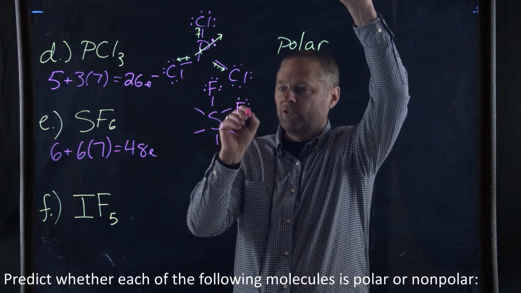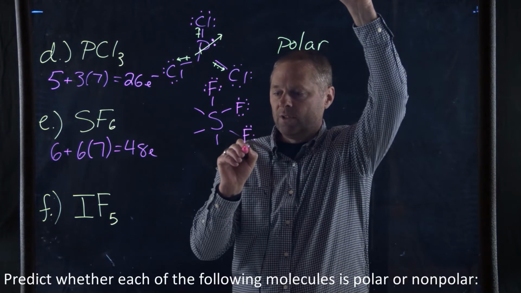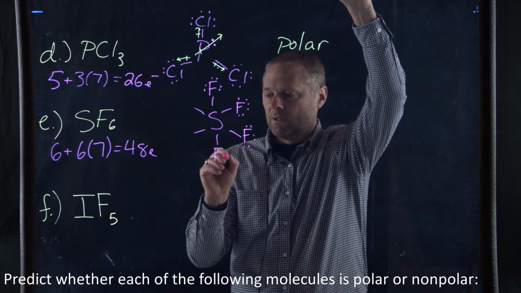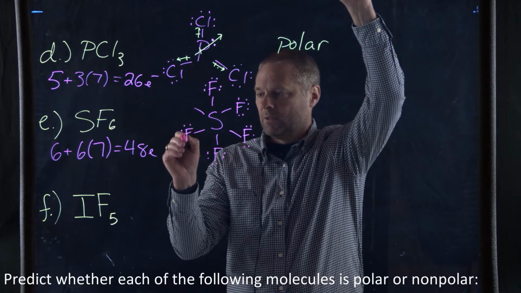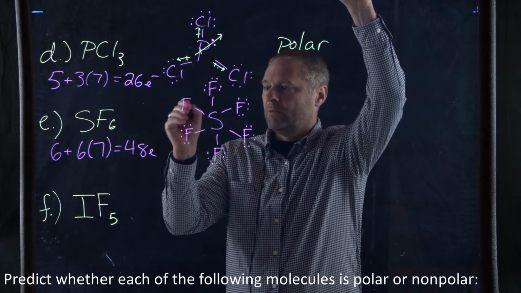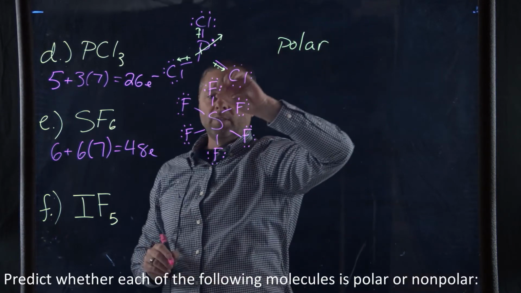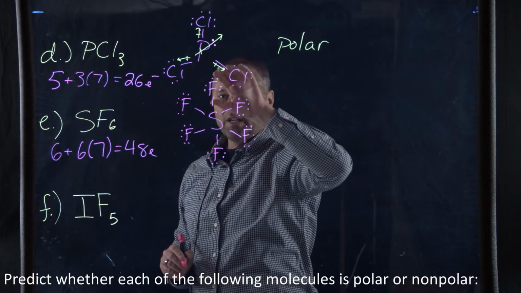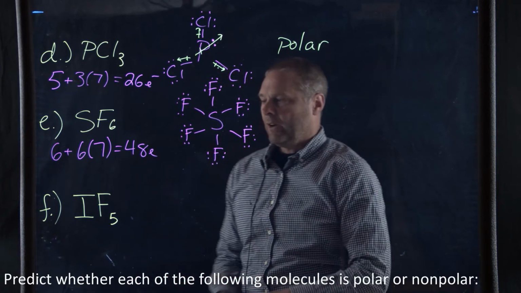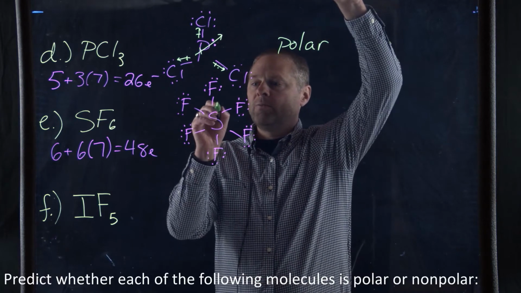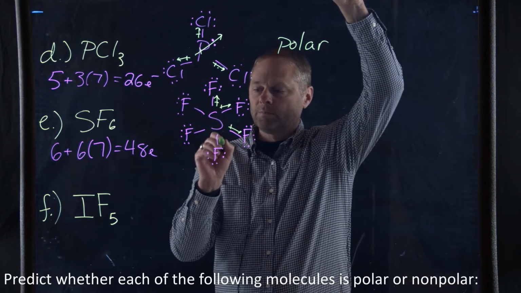I'm just putting the electrons in here so we're able to accurately count the number of electrons in the molecule. We have 6 groups. Each group has 8 valence electrons. So we're now at our 48, and we can draw the vectors representing the direction of the dipole moments.